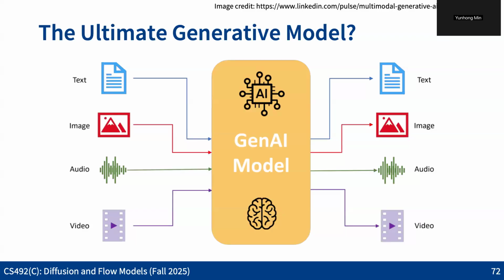The future might be that diffusion and flow models may not be necessary, and autoregressive models might be the best way to handle everything. Or even the next GPT might be released with diffusion models, right? So we don't know the future. There are many questions remaining here.